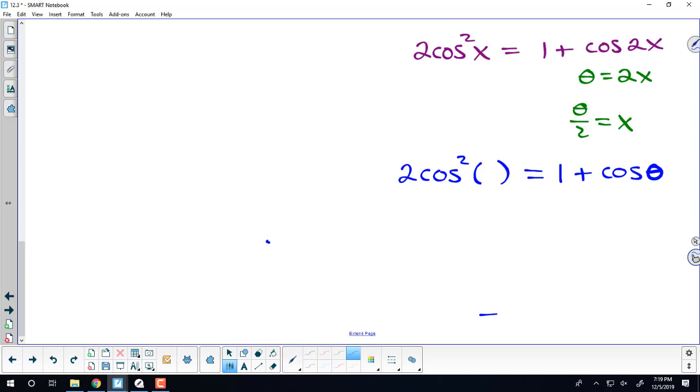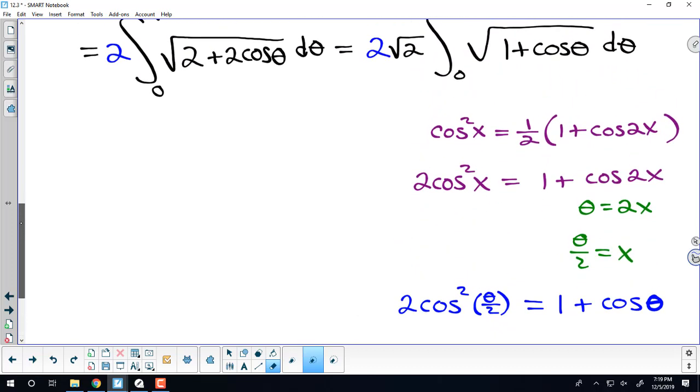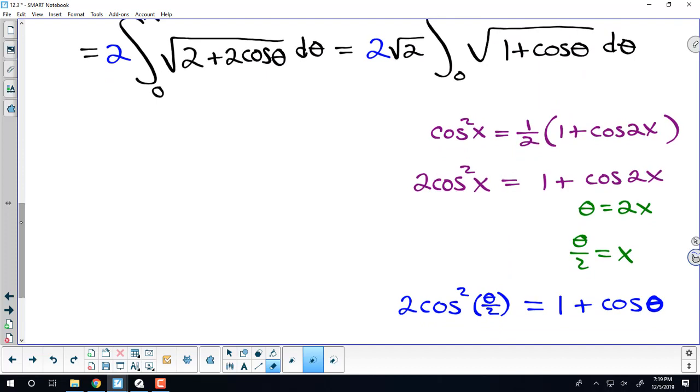That means we just have to half that angle. So that's how we're going to rewrite that expression under the radical.